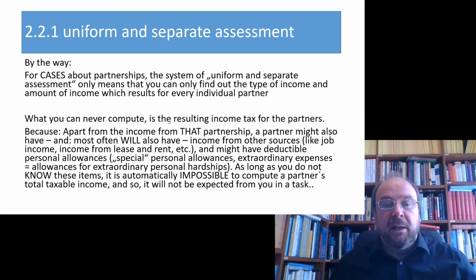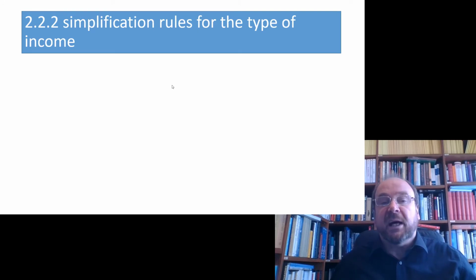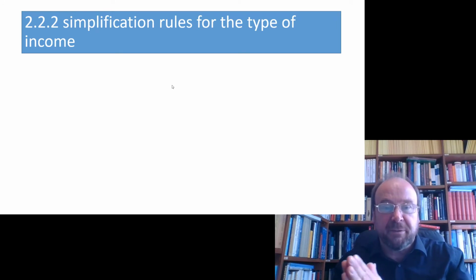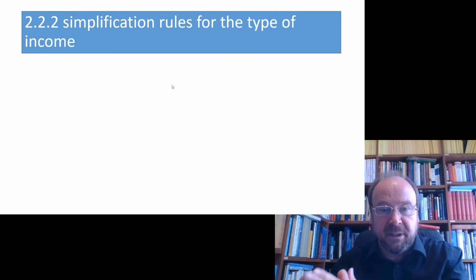Well, yeah, now another small topic, the second aspect for which the partnership is basically relevant, because naturally when you get assessed, it's an important fact from which type of income you derive your income.